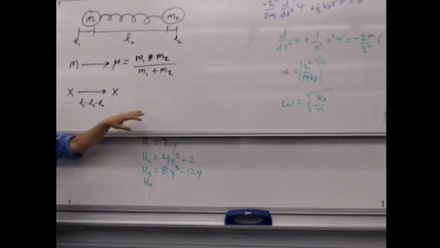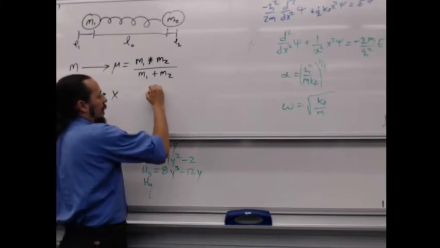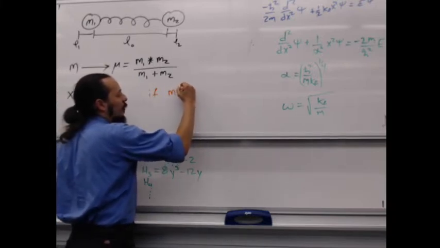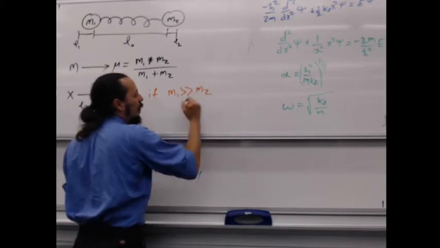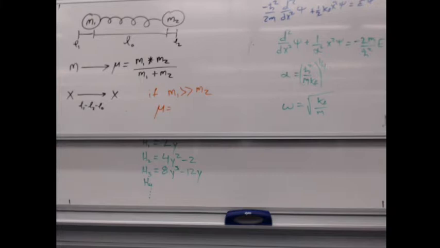And I think I suggested you do one of these problems, but I can also show you real quick. If mass 1 is much, much greater than mass 2, take a moment, figure out what the reduced mass is equal to. Mass 1 is much, much greater than mass 2.